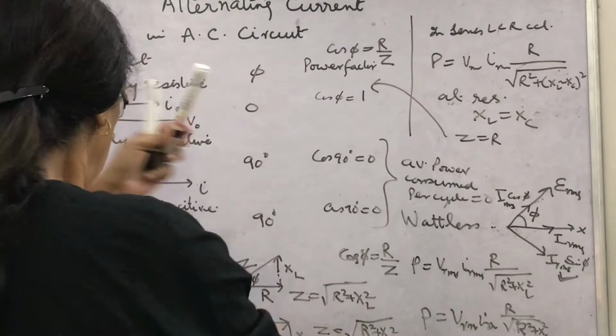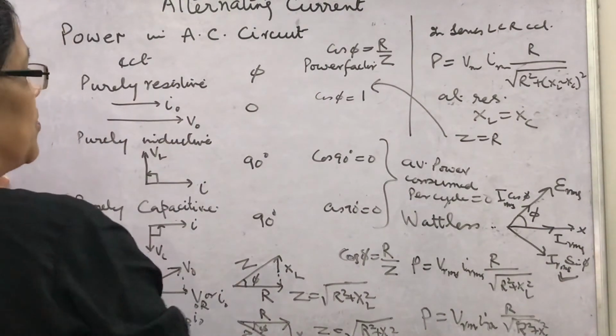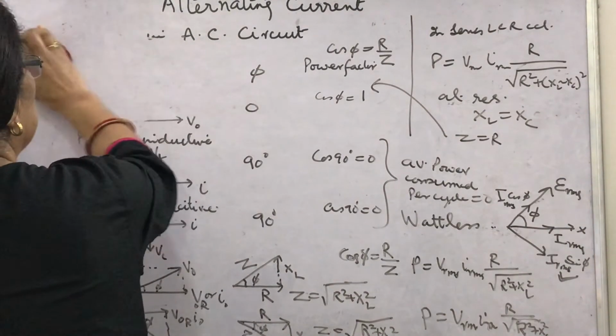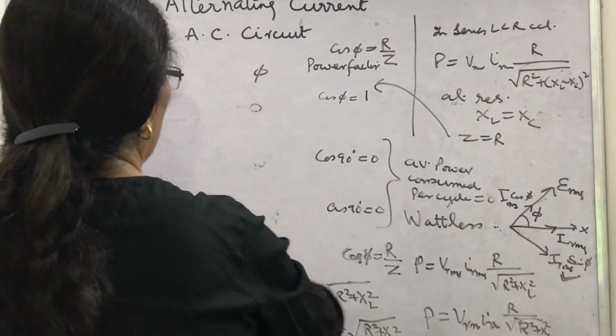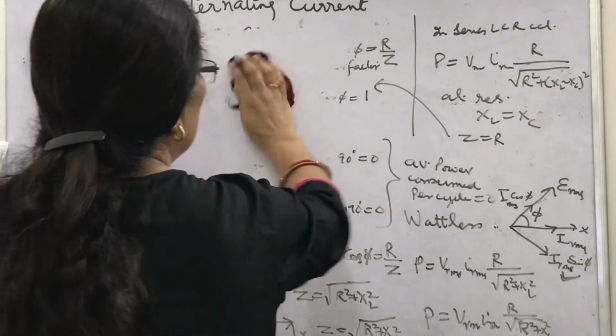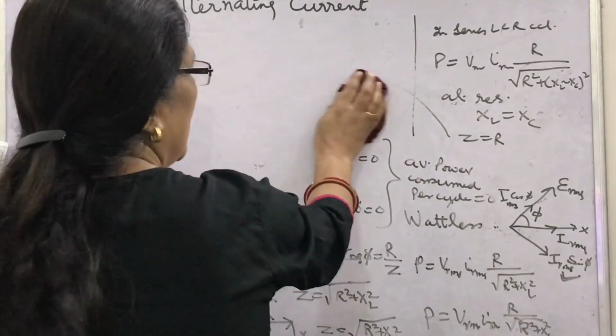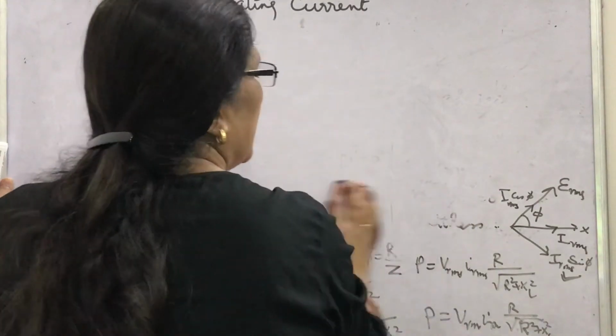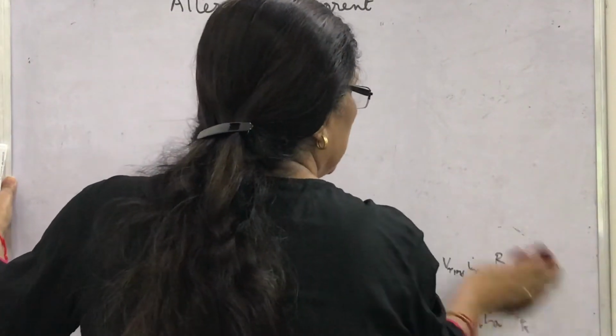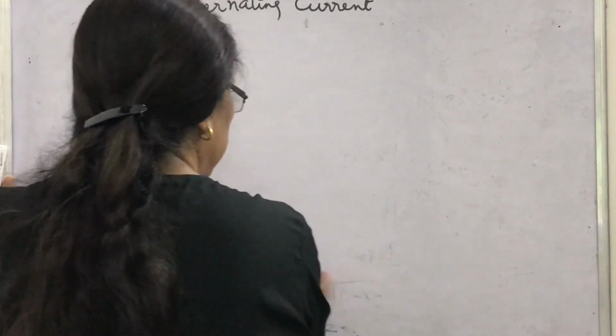Now, what is choke coil? I am going to explain the next thing about choke coil. Do you know what is choke? Have you seen fluorescent tubes? Mercury vapor is filled in them.